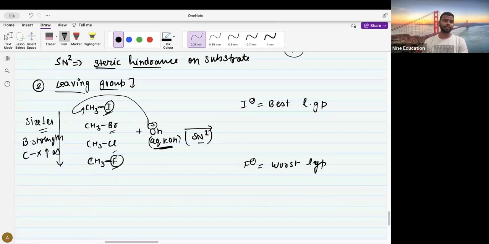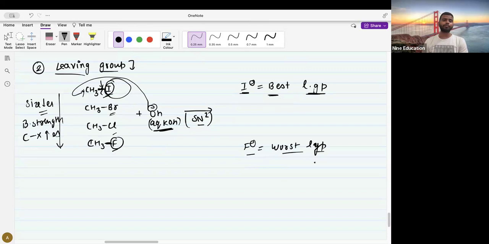This one has a very big bond length, so its bond strength is very weak. Everyone knows, right? So if the bond is weak, it can go easily. So I minus will be the best leaving group and F minus will be the worst.